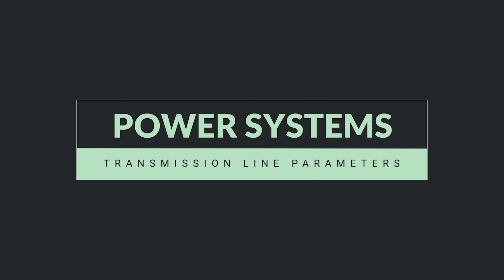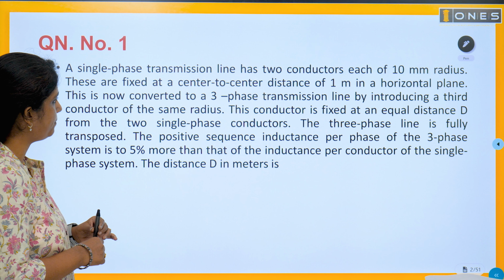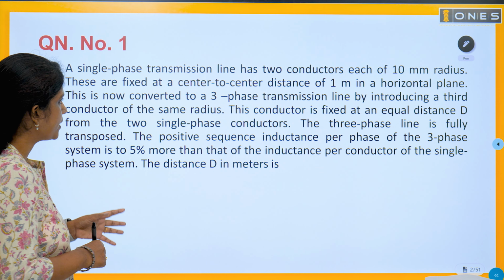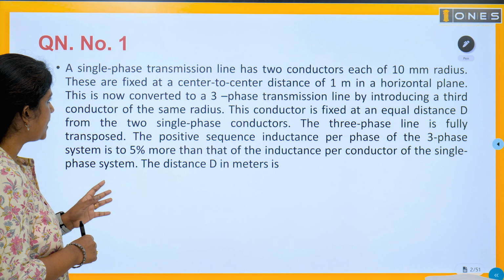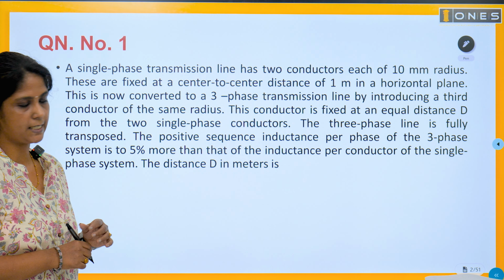First question. A single phase transmission line has two conductors, each of 10 mm radius. These are fixed at a center to center distance of 1 meter in a horizontal plane. This is now converted to a three-phase transmission line by introducing a third conductor of the same radius.